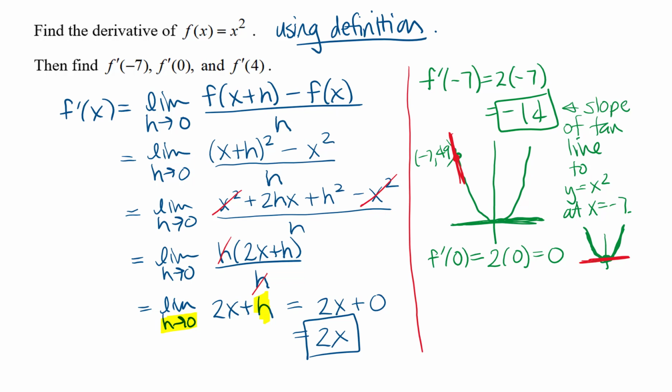And then the last one it asked me to find was f prime of 4. I'm putting 4 into my derivative function in place of x. I get 8. What that means is that on the graph of y equals x squared at x equals 4, that would be the point 4, 16, and the slope of the tangent line there is positive 8.